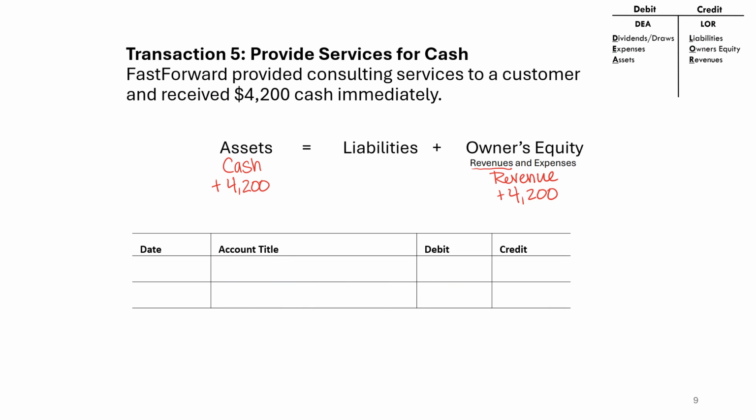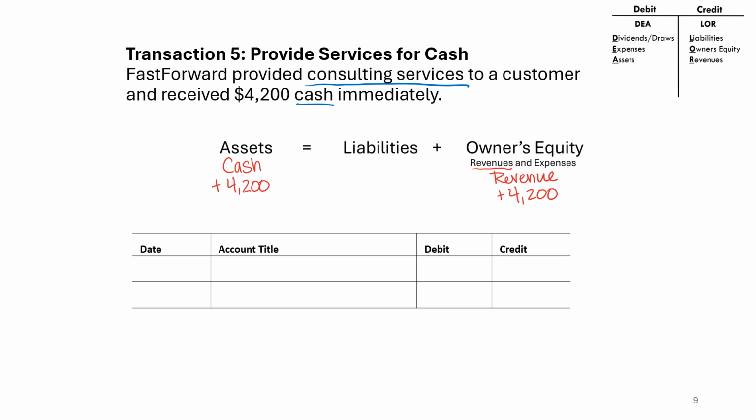Transaction 5, provide services for cash. Fast Forward provided consulting services to a customer and received $4,200 cash immediately. So one trick to journal entries is if they involve cash, is the cash increasing or decreasing?